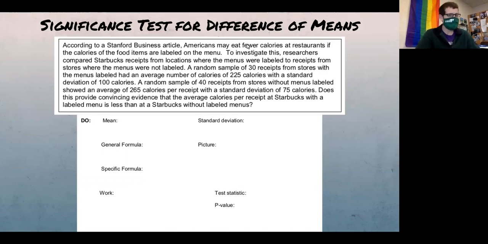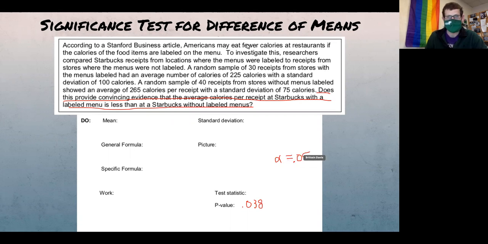The one thing I was going to say before we got cut off is, as you're searching for your conclusion, the main thing you can be looking at is the question at the very bottom for your language. We ended up with a 0.038 p-value, and our significance level was 0.05.